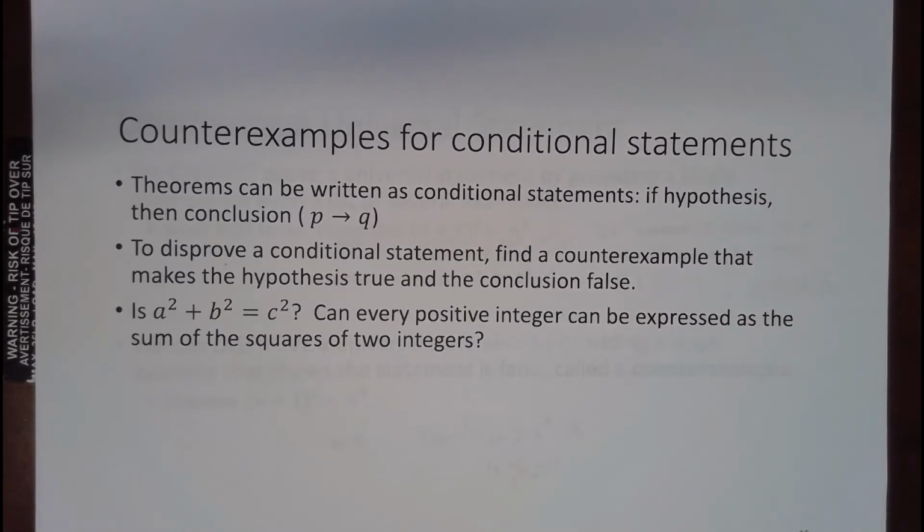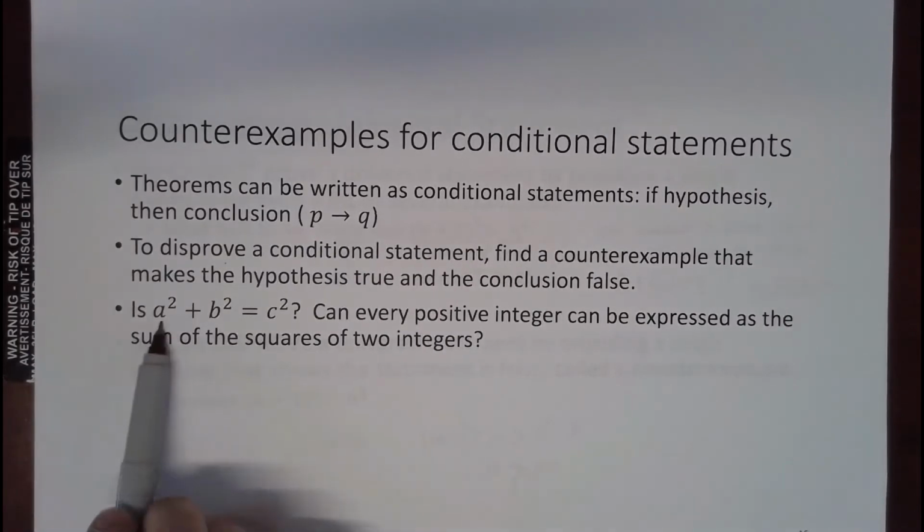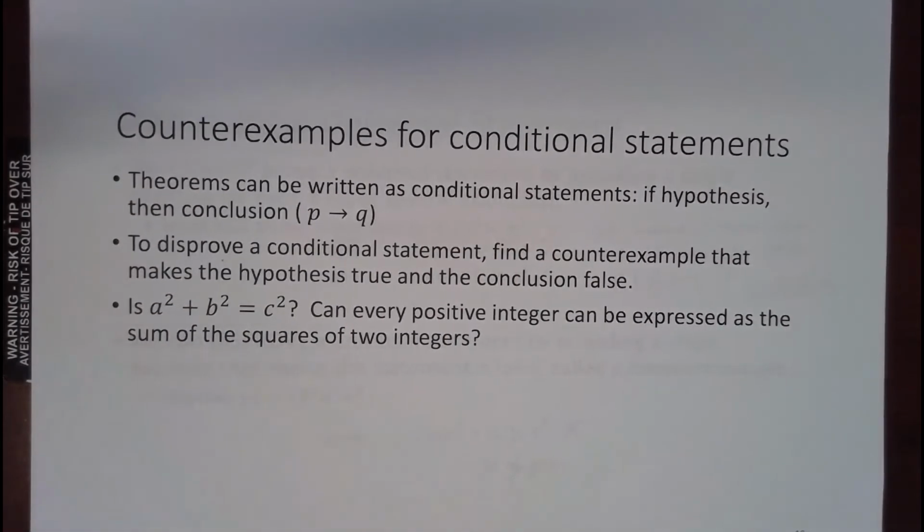Can every positive integer be expressed as the sum of the squares of two integers? Can you find a squared plus b squared equals c squared if c was like 3? No, you couldn't.